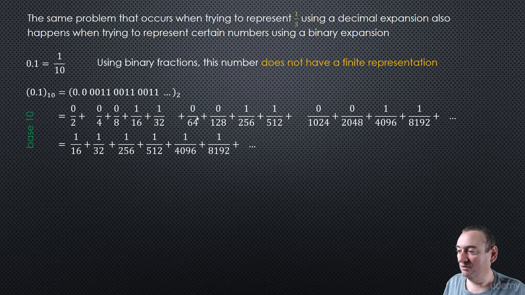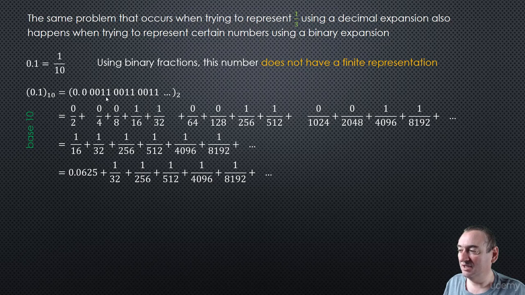All right, so tossing out all the 0 terms in these fractions, we end up with these. And the first fraction is 0.0625. So if we were to stop at the first significant digit here, 1, we would end up with 0.0625 in decimal, which is not exactly close to 0.1. But if we keep going to more and more of these bits, let's add in 1/32.